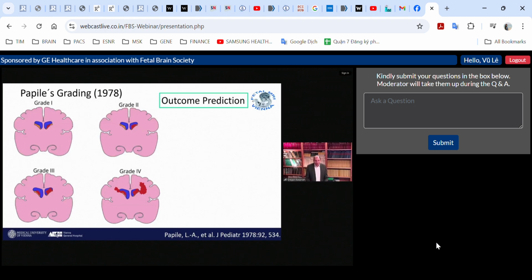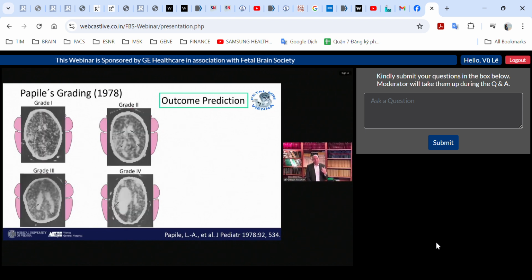And you all know the grading of Lucille Papil, and this grading is coming from 1978. This is important because in 1978, Lucille Papil did not use the high-end ultrasound machine. She did not even use MRI. She used computed tomography.